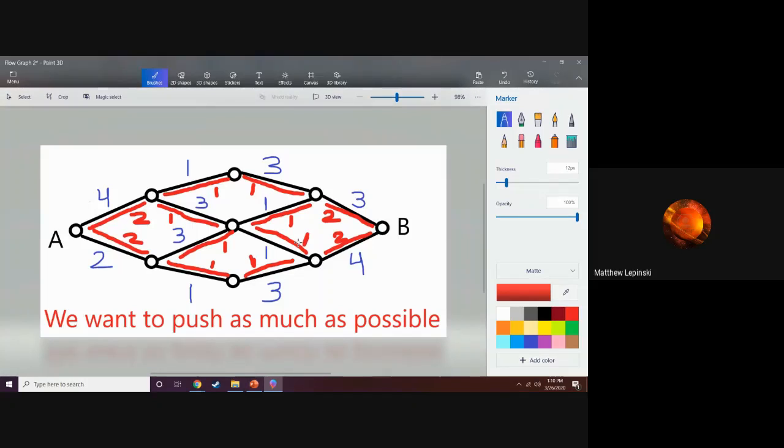I can't store a whole bunch of water at some intermediate junction and wait for later. Although that's an interesting variation of the problem, in the pure form of max flow, we are only interested in pushing water every second through the network, so that however much water goes in needs to be the same amount that's coming out.